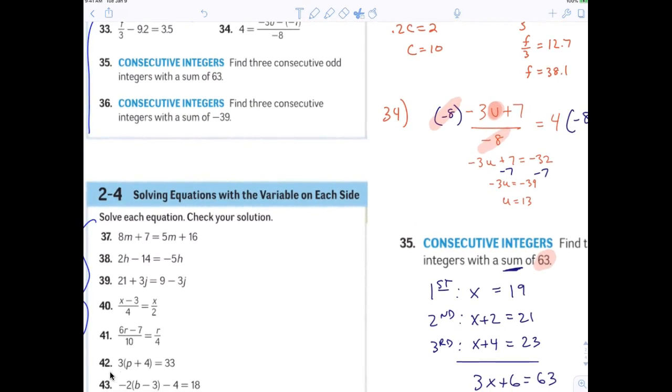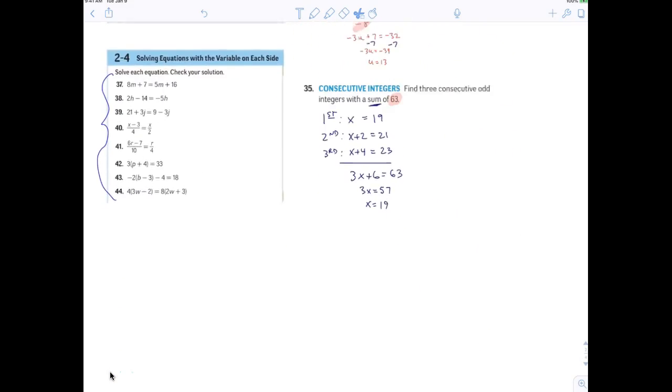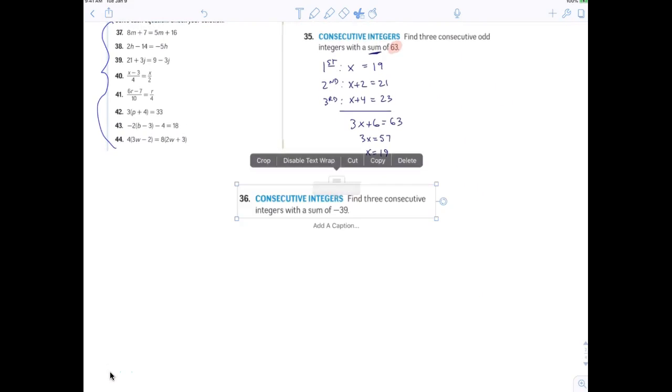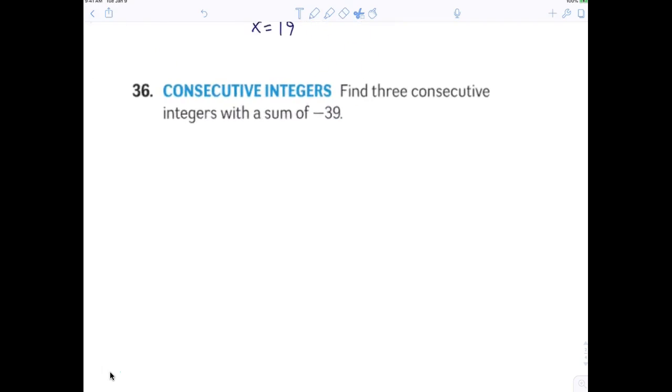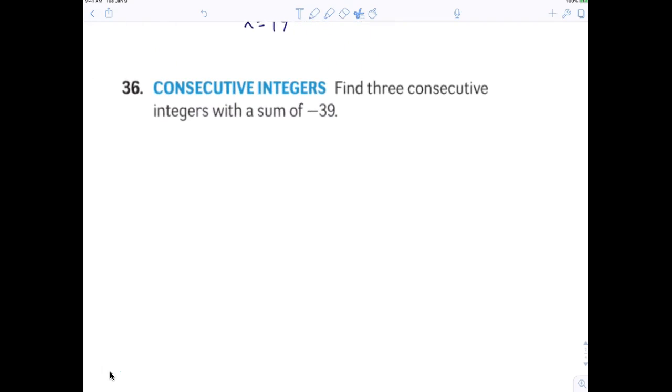All right. So now that we did 35, you should be better at 36. So I'm going to come down here. Find 3 consecutive integers. So how do I write 3 consecutive integers this time? Tell me. First one is x. The next one is? X plus 2. Are they consecutive evens?